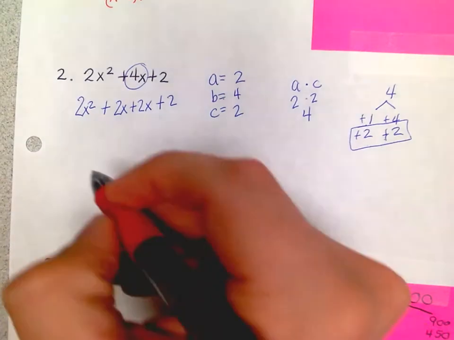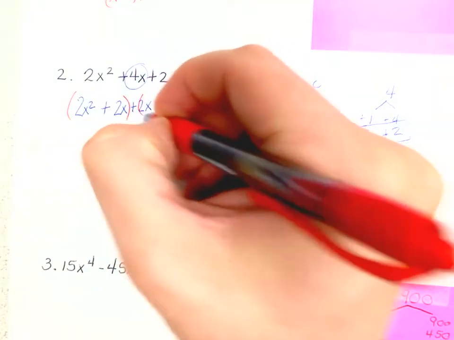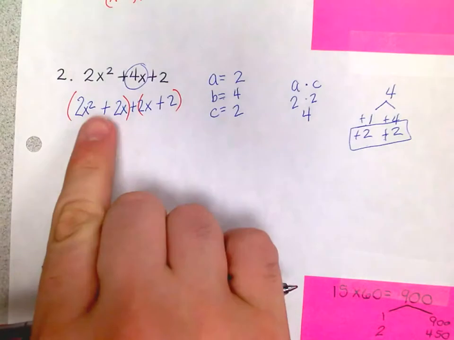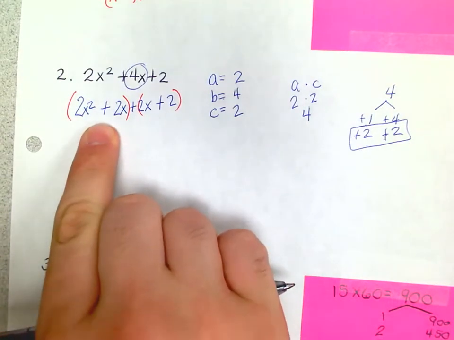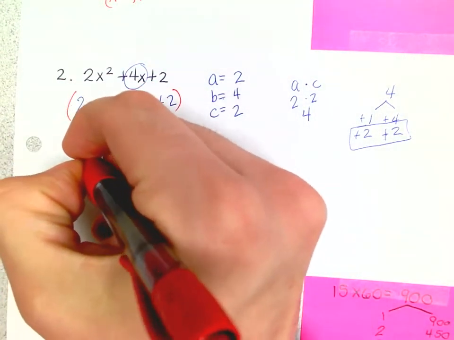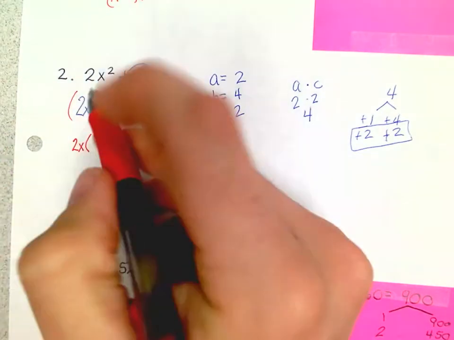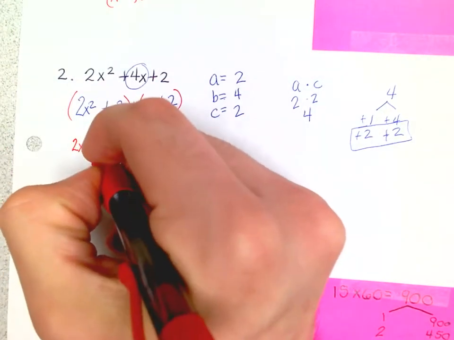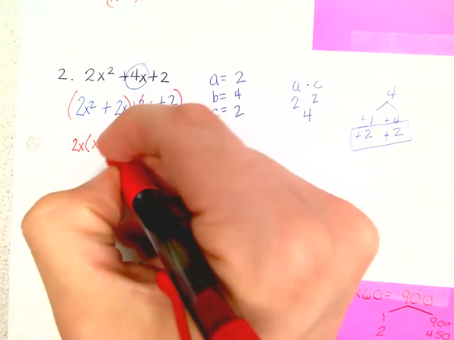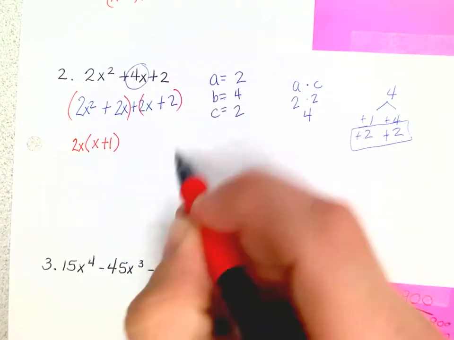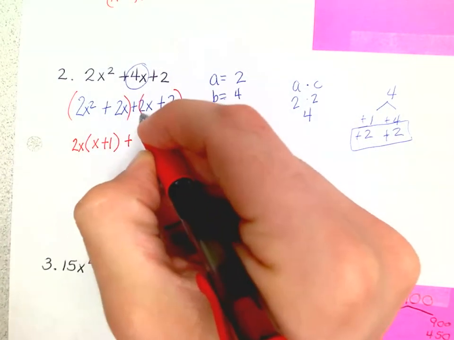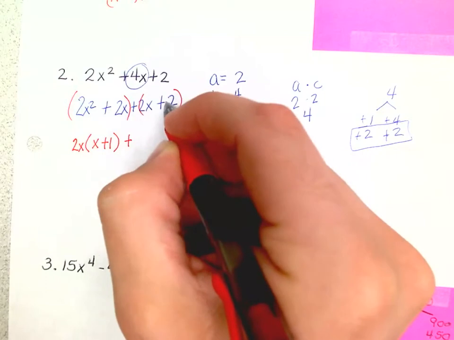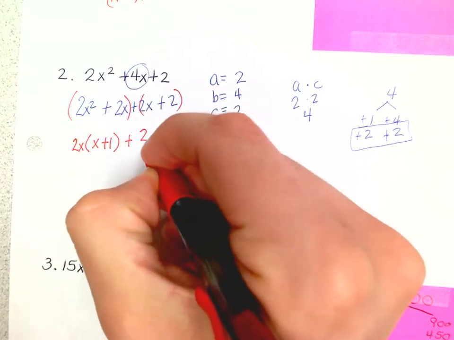Let's go through and factor our two terms. From this set, I believe you will see that we can factor out a 2x. I'm going to do that on this side. We're just going to be left with an x and plus 1. Over here, something that both terms will go into, I believe you'll see that it's just a 2.